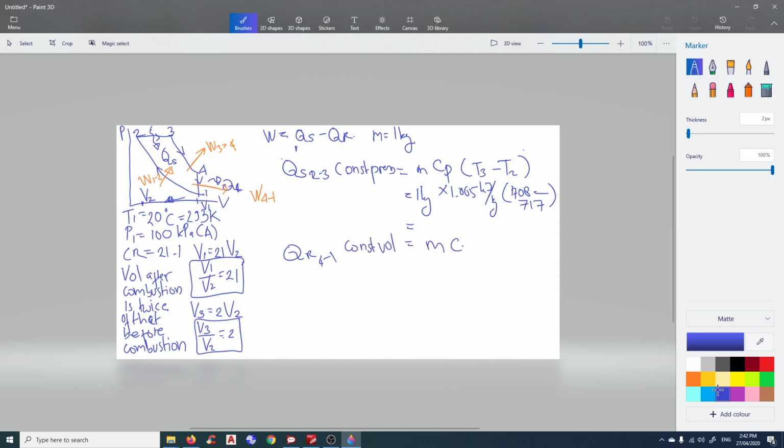So mCv now, not Cp, T4 minus T1. So again 1 kilogram, 0.718, T4 was 500 minus 20.